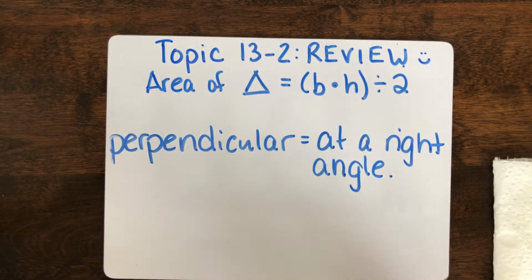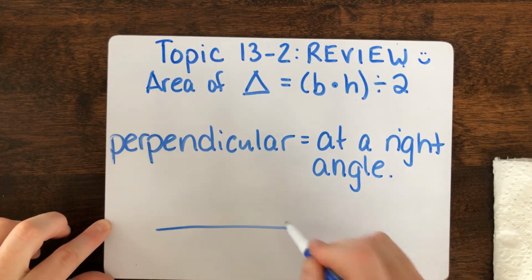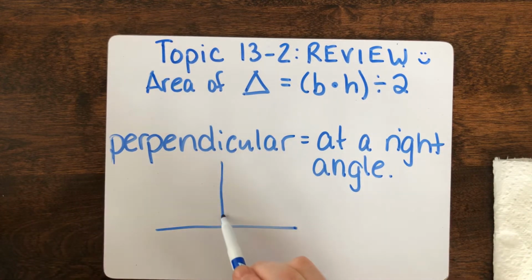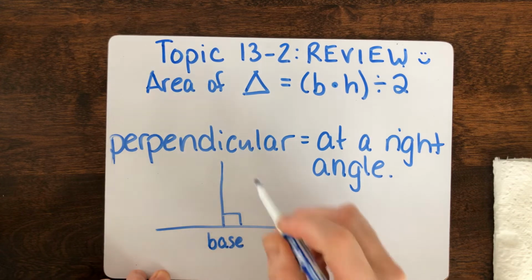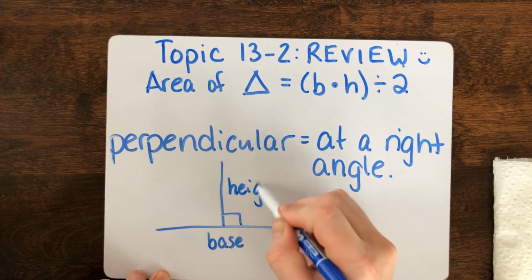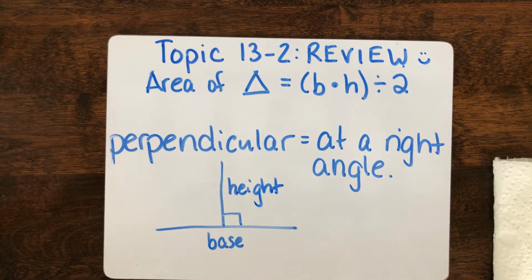Okay, so basically a line that meets another line at a right angle, that means that these two lines are perpendicular. So the base and the height of a triangle are always perpendicular.